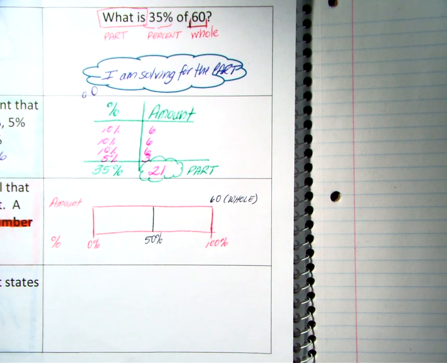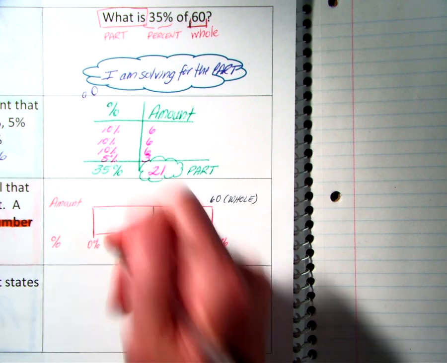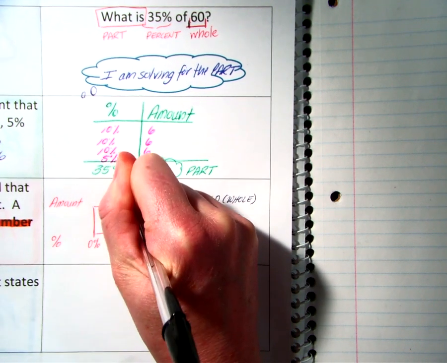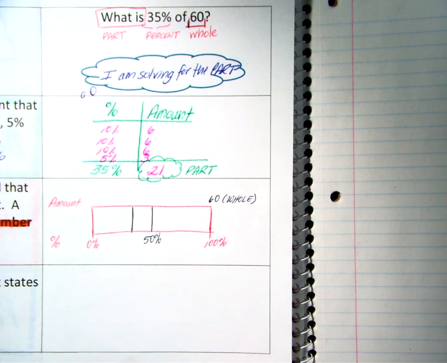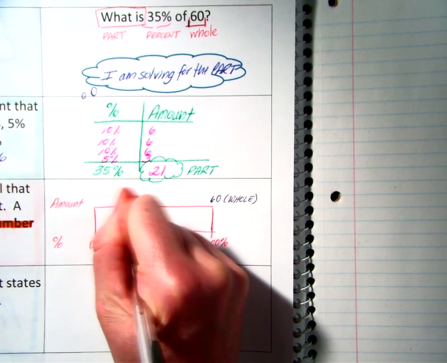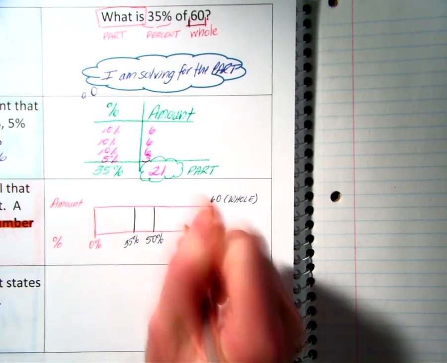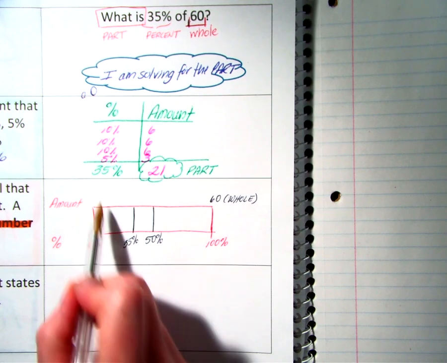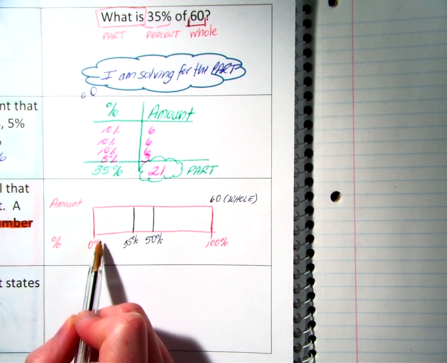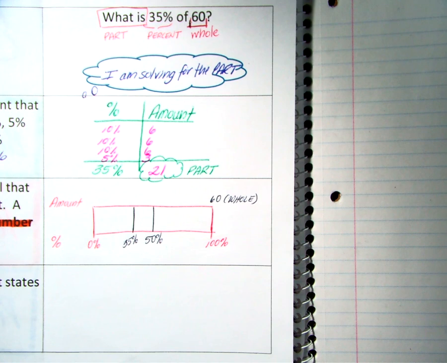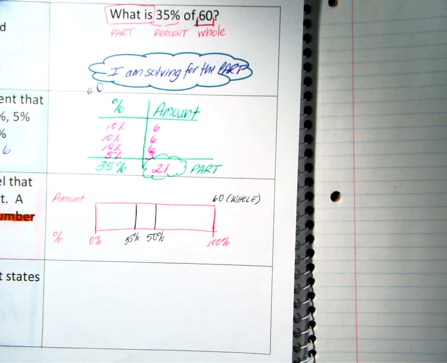Now we need to think of an easy way to get to 35. Let's say 35 falls, I don't know, right about here. We're just making a really educated guess here. And I want to use one of my smaller benchmark percents that can help me scale up to 35. Oftentimes we like to say 10, but 10 is actually not friendly with 35. 10 does not go evenly into 35.